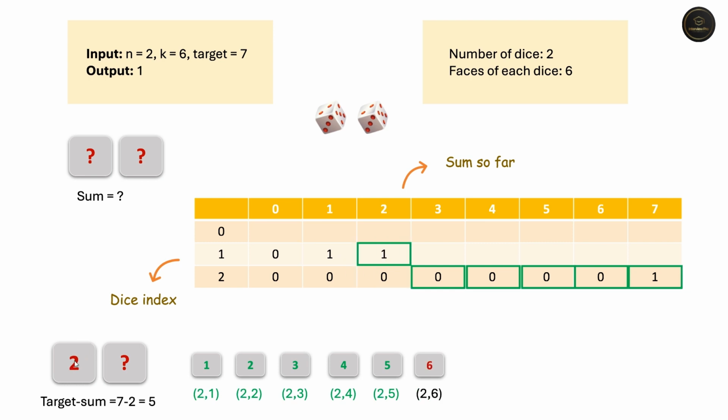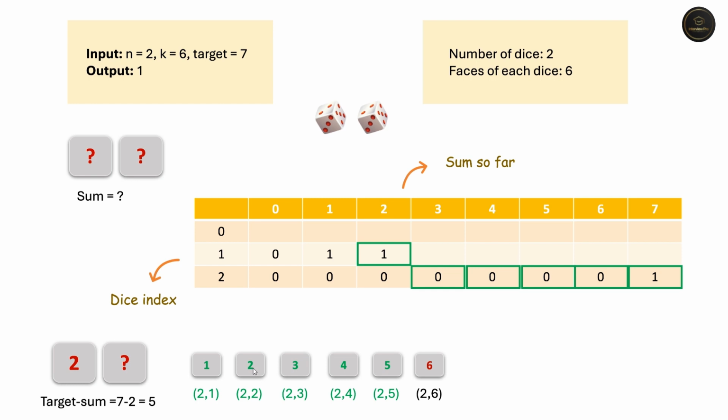Let's say the previous sum is 2. Then what is the face value that I can select so that my target is 7? I can select from values 1 to 5 because if I add 6 to 2, that is going to give me the sum 8, which is greater than the target. If I choose the face 1 and add it to the previous sum, what would be the current sum? 3. 3 is not our target, so the number of possibilities is 0, which we have already calculated.